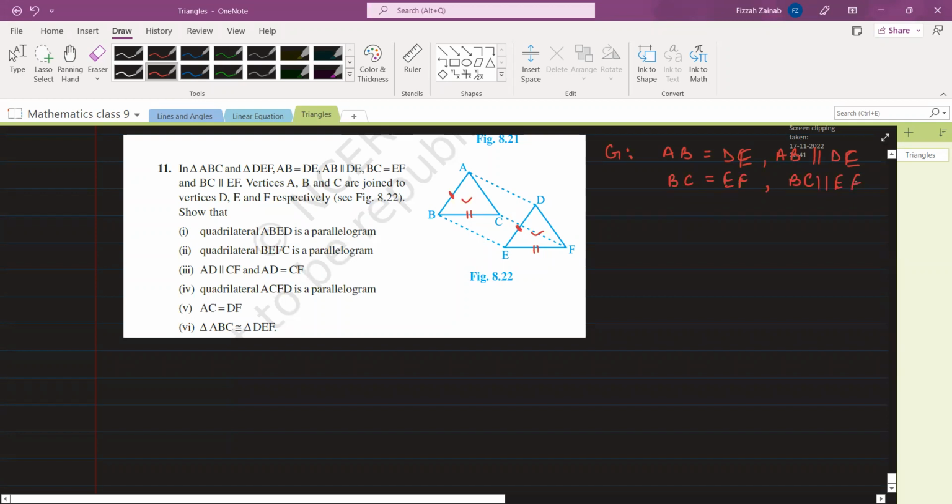Okay. This much is given. And then you have to prove the first thing. So let us try to prove the first one, that ABED is a parallelogram. So what is the property of a parallelogram? First of all, tell me.